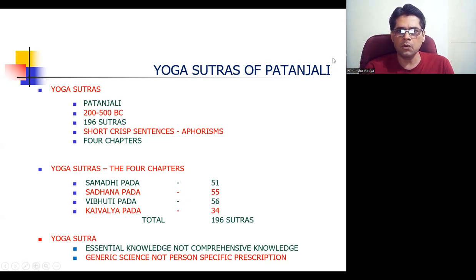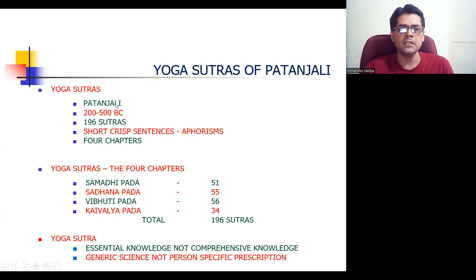Now this is a book, Yoga Sutras, written by sage Patanjali. And the title of the book, of course, is Yoga Sutras. And what it means is yoga and sutras. So these sutras means these are small aphoristic statements, and these small aphoristic statements are related to the subject of yoga.